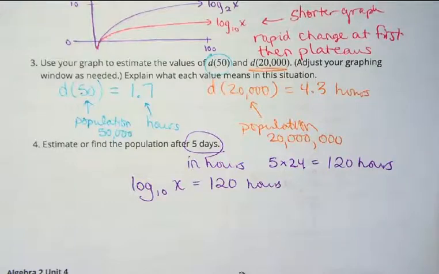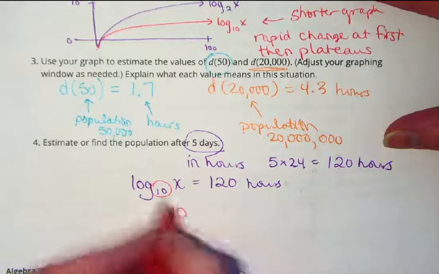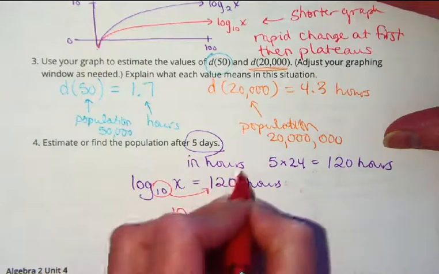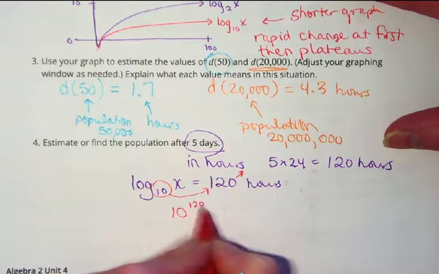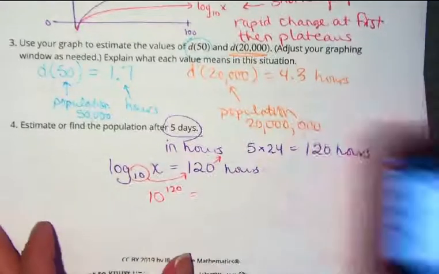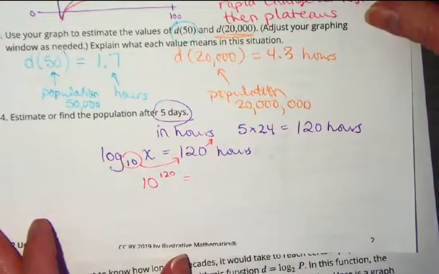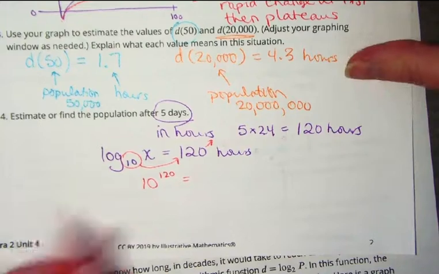Well, this looks like we want to be back in exponential form because we have a base 10 raised up to the 120 known exponent going on here. This is going to be a huge number.